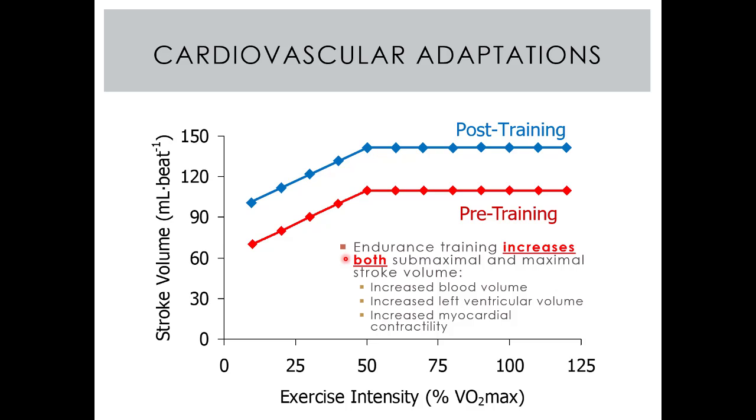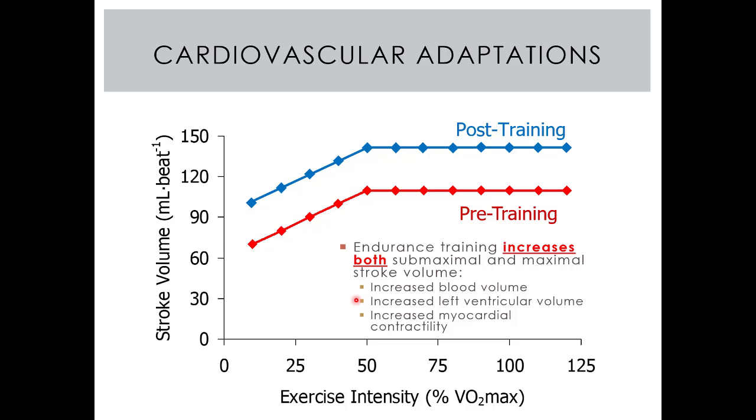Now, this adaptation in stroke volume is driven by these three interrelated factors. First, there is increased blood volume from pre to post training. So over time, as you engage in training, there will be more blood volume, and with that, more blood volume returning to the heart. So greater ventricular filling. And with this, you also have increased left ventricular volume, meaning the ventricle can fill up with more blood.